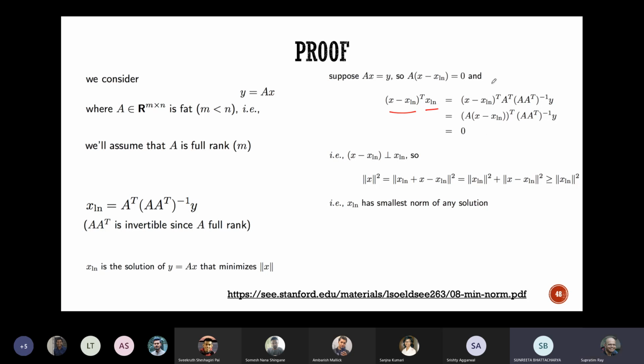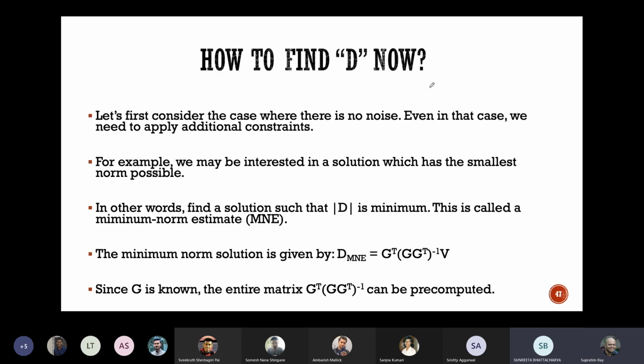This comes about by putting this value and then looking at this, and this thing is 0. This part tells you that they are orthogonal because this vector transpose that vector is 0. So these two vectors are orthogonal to each other.